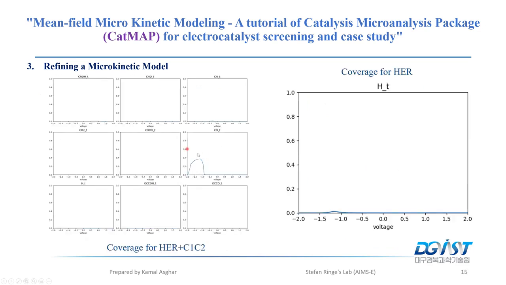And this is coverage, you can see all species. They are not products. They are species adsorbed on the catalyst surface, so they are intermediates. Intermediate coverage does not exceed 1, because 1 is the maximum. 100% coverage we represent as 1.